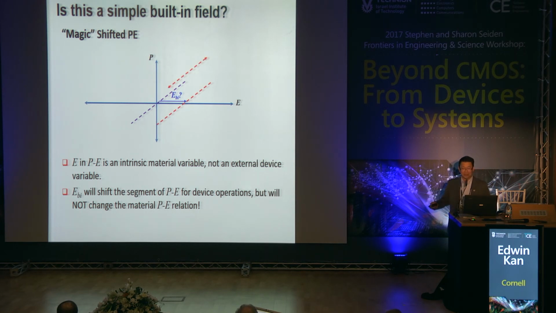If in the device you put in a built-in field, you are really operating in a different domain of your PE. You didn't shift your PE. Most MOSFETs have actually been working with a built-in field called phi ms for the last 40 years. No negative capacitance has ever been observed. So it is not just adding in a phi ms, a built-in field, and then all your problems will be solved. It will not.